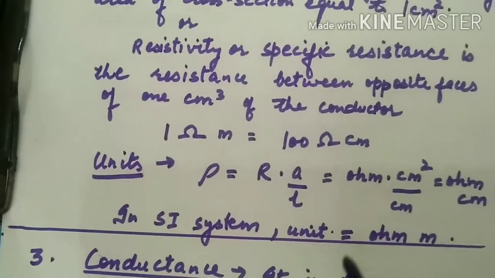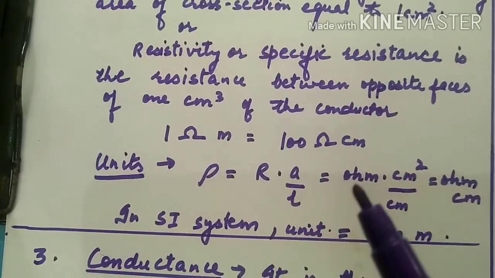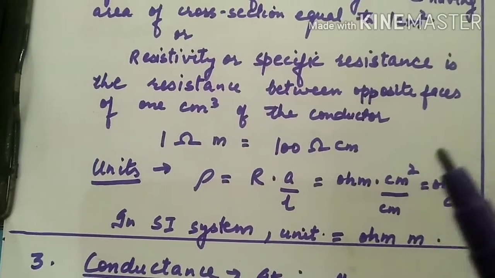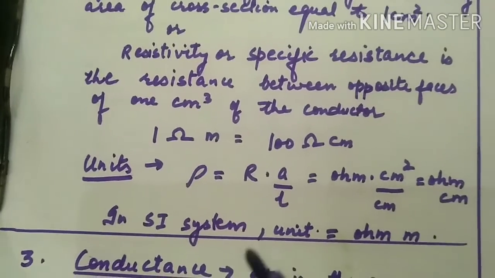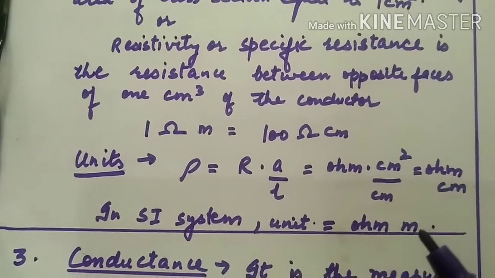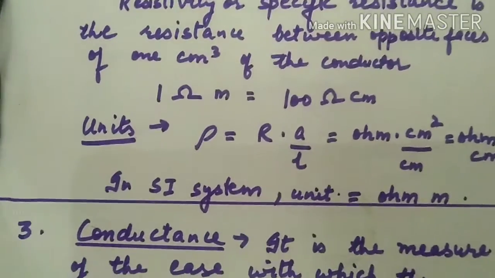So rho is R into A upon L. R की यूनिट्स है ओहम, A की सेंटीमीटर स्क्वायर, L की सेंटीमीटर, कैंसल आउट किया, we get rho is equal to ohm centimeter. In SI system, units will be ohm into meter. 1 ohm meter will be 100 ohm centimeter.